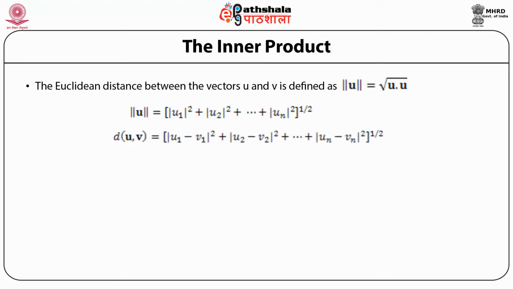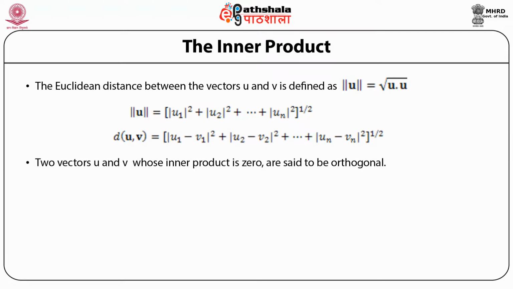Then d of U, V is equal to square root of modulus of U1 minus V1 whole square plus modulus of U2 minus V2 whole square plus so on till modulus of Un minus Vn whole square.